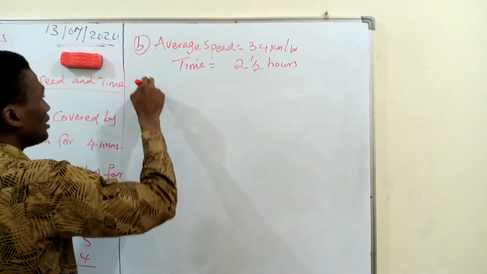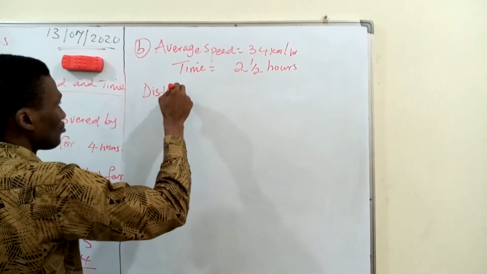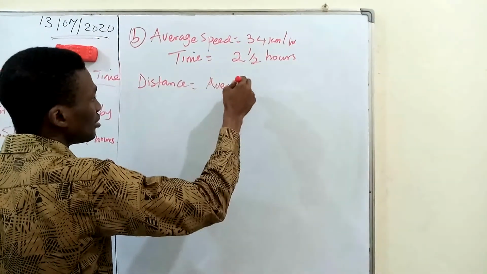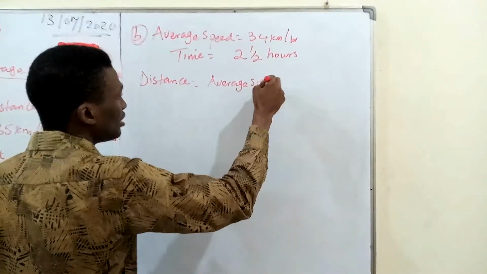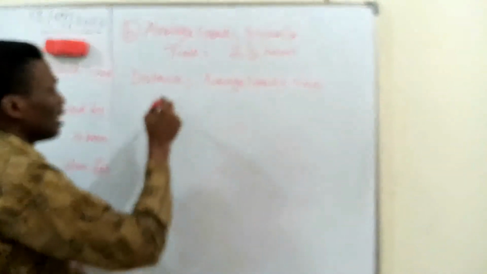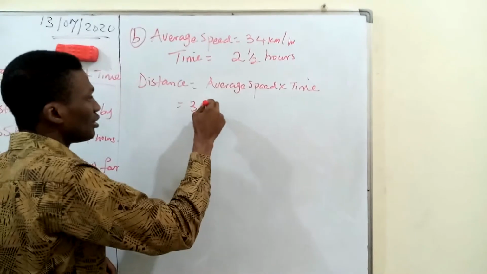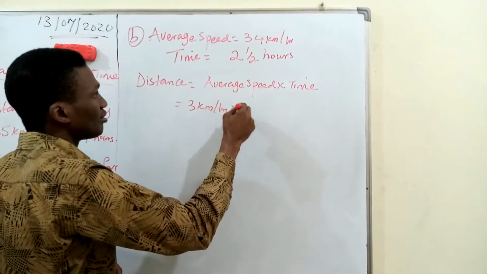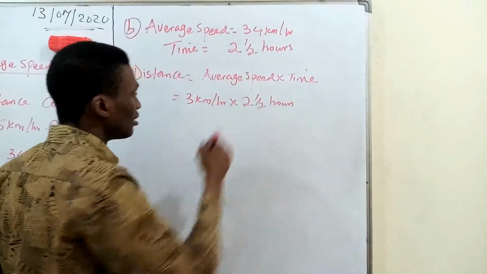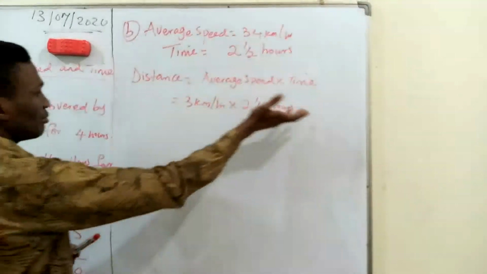Then our distance, as we said, is average speed times time. That means we have 34 kilometers per hour times 2.5 hours.